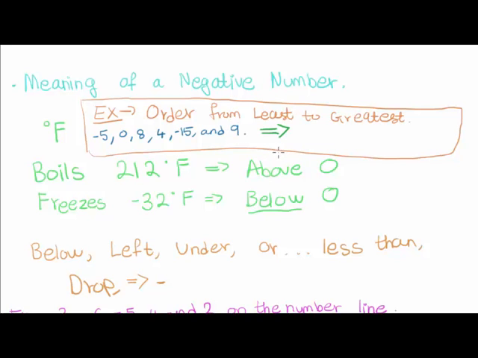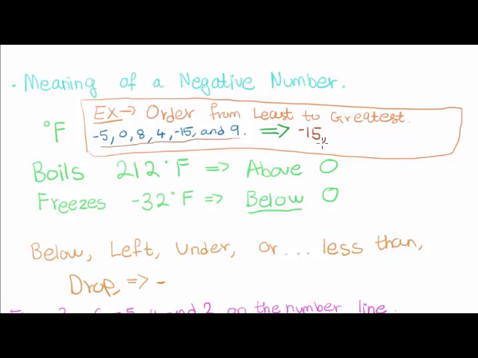So let's start off with this. Basically, if you're given any set of numbers, like this set right here, let's pick out the biggest negative number first. So the biggest negative number over here is -15. And so we write this down. That's the first number in our set.